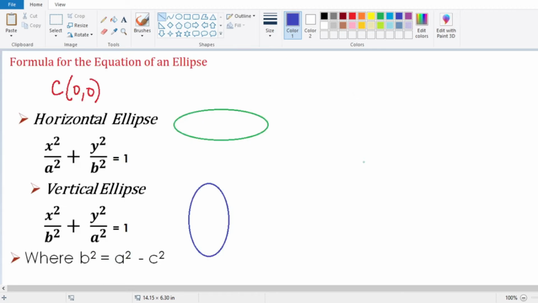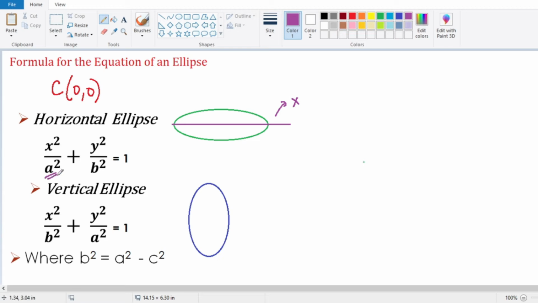Okay, so let's have now a summary of formula for the equation of an ellipse. I'll give you clues. Kapag horizontal yung ellipse natin, papansinin nyo na ang ating major axis ay located siya sa x-axis. Okay?